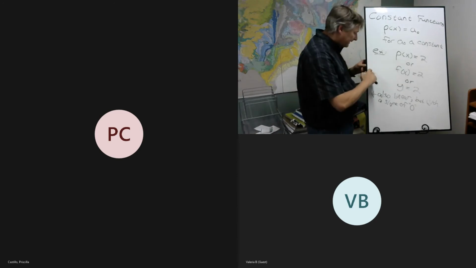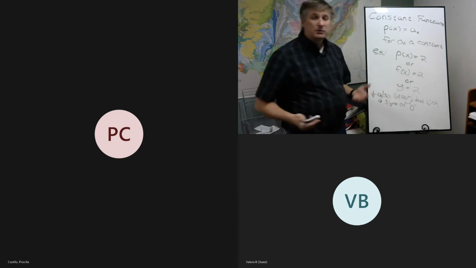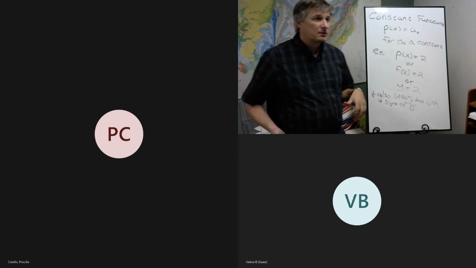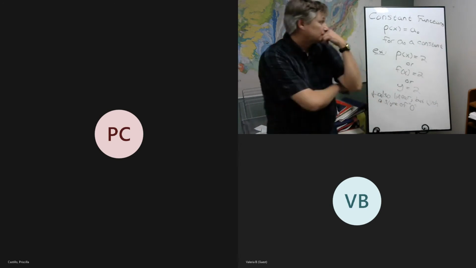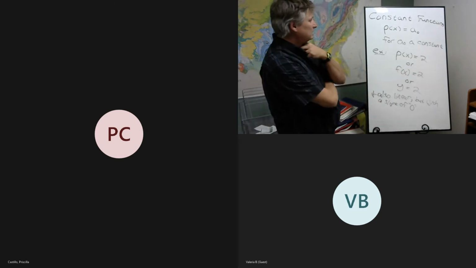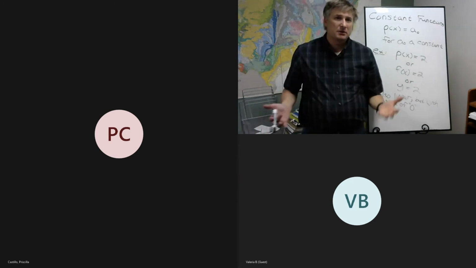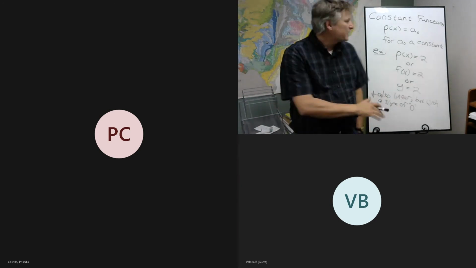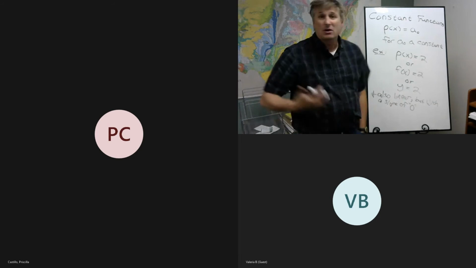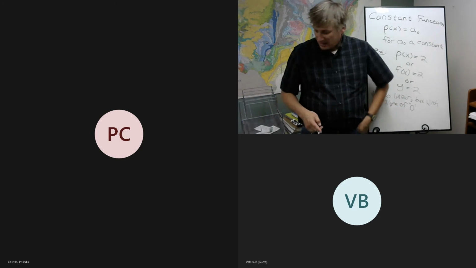So this is just that flat line that you would graph on the Cartesian plane. They're all linear. Particularly, this is a constant function. It's also a linear equation.